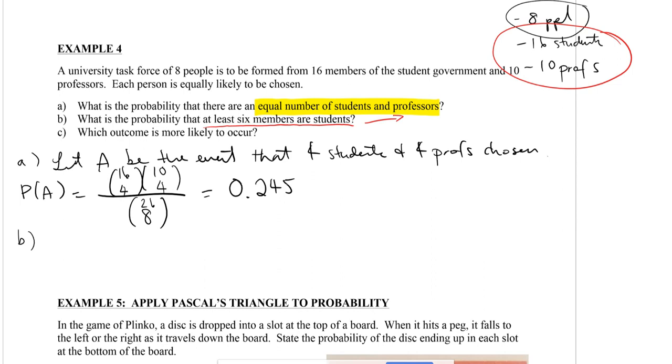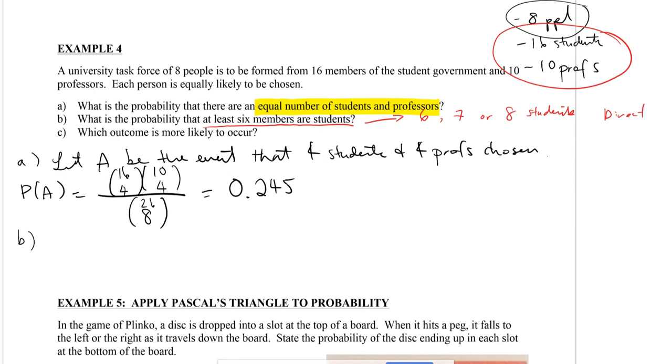When they say at least 6 members are students, we can have the case where you have 6 students, right? You can have 7 students, or you can have 8 students. Mind you, we cannot have 9 students because 8 is the maximum number of people that can be on this committee.